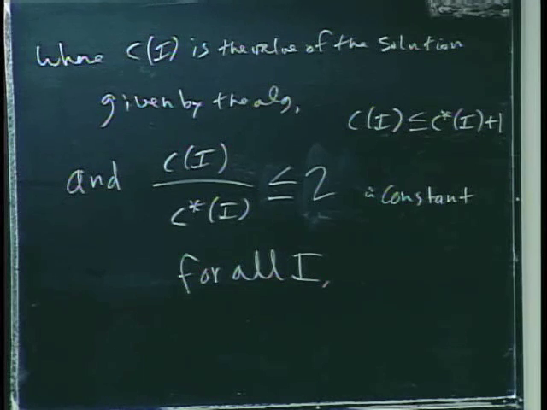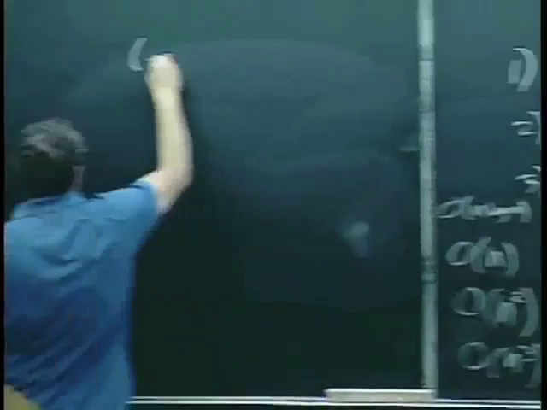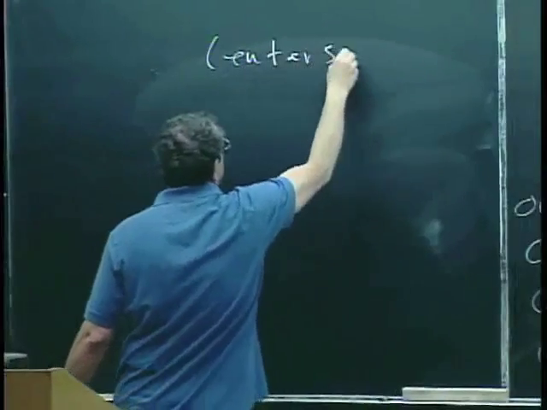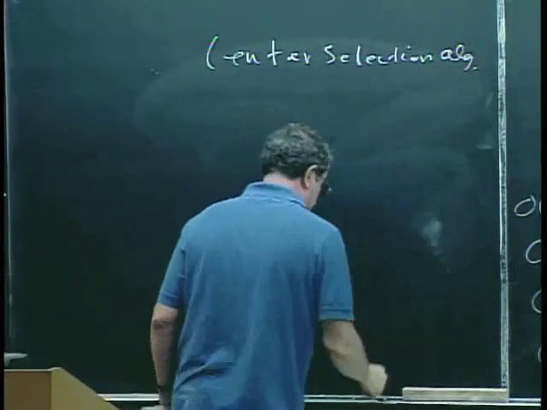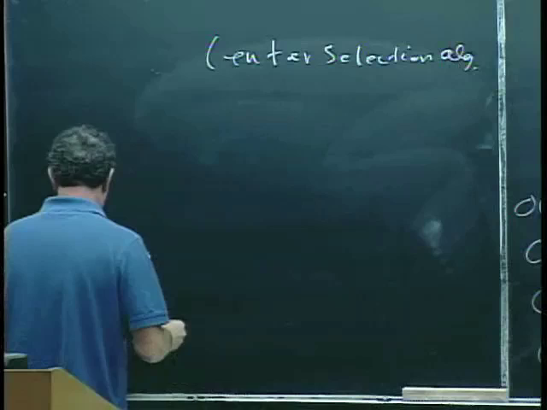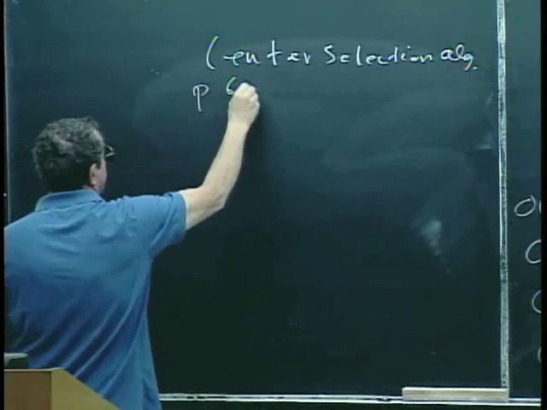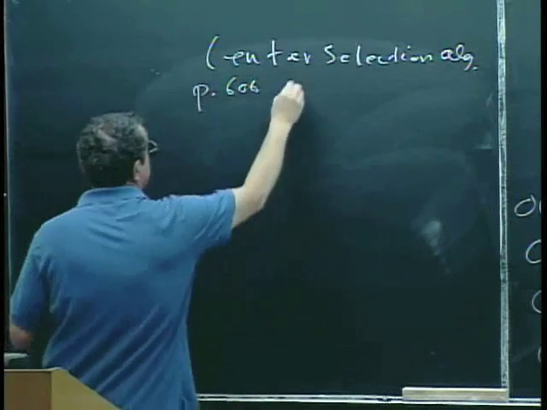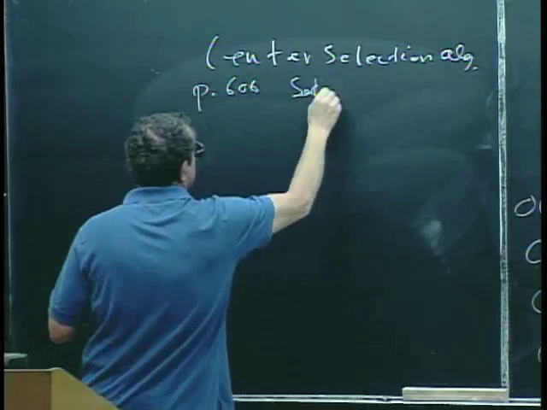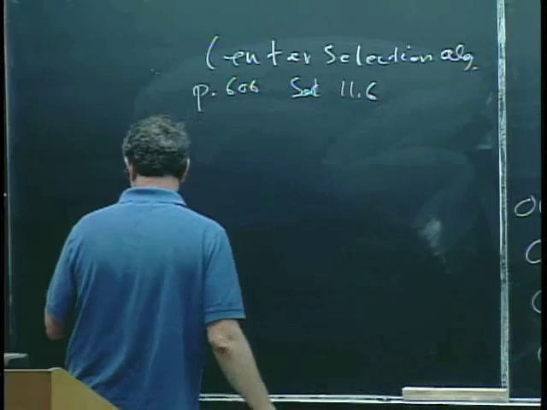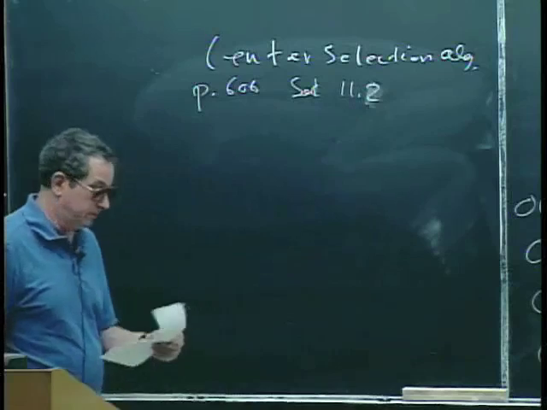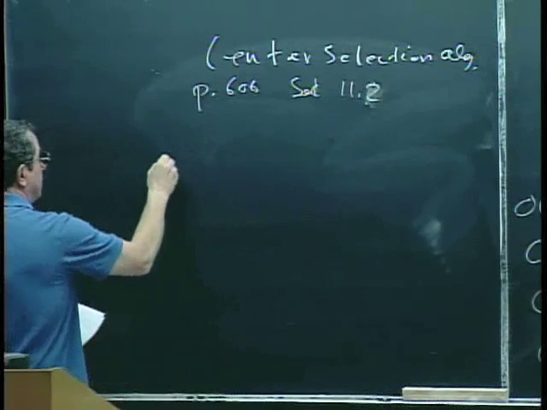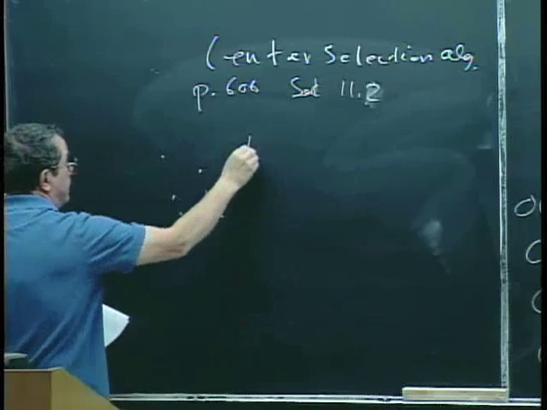This is the center selection algorithm, on page 606 of the book, section 11.2. In this problem, we have n sites.